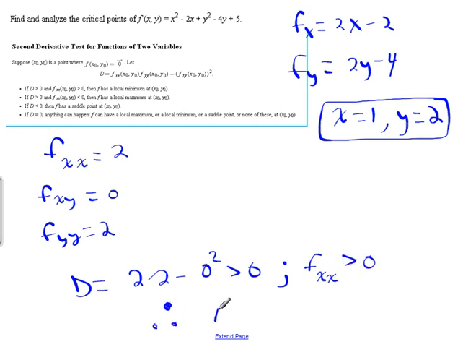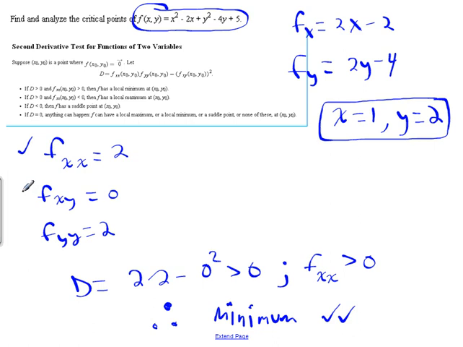Therefore, we know that we have a minimum. And we showed this earlier using a different method, but here we're using our second derivative test for functions to determine that it is in fact a minimum. And it all requires that we take our function and we do a quadratic Taylor approximation on it, and using our second order differentials to determine when a function has a max or min.